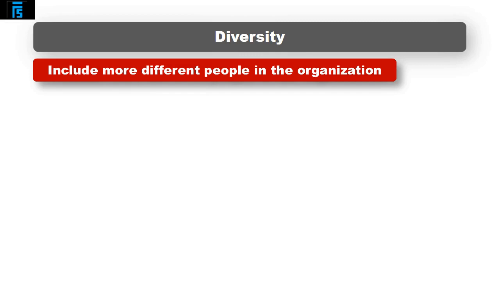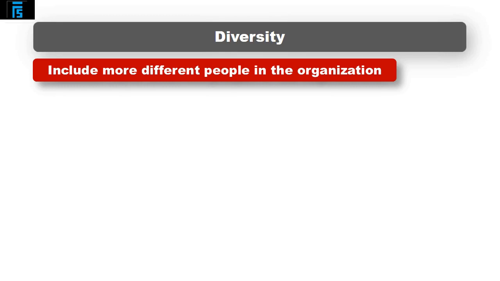So it's not equal opportunities at all. With equal opportunities, everybody's treated the same. With diversity, they are not treated the same. The difference is that we are trying to include more people in our organisation from different backgrounds, so we are deliberately encouraging those kinds of people. Diversity means that we are going to have different people in our organisation.